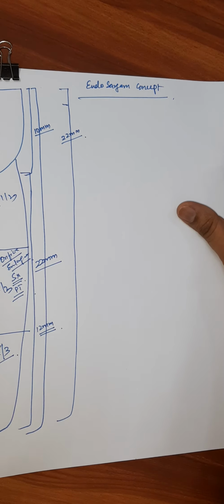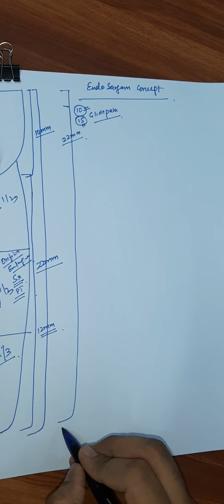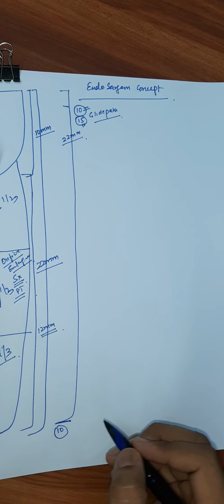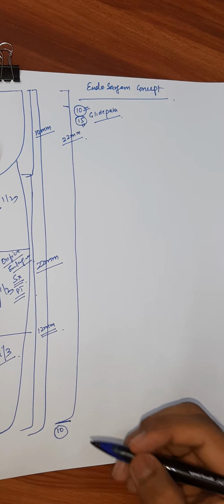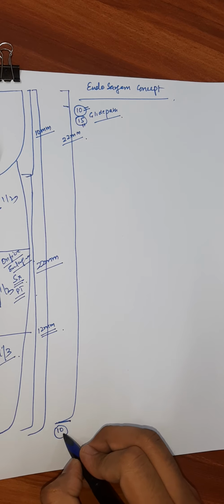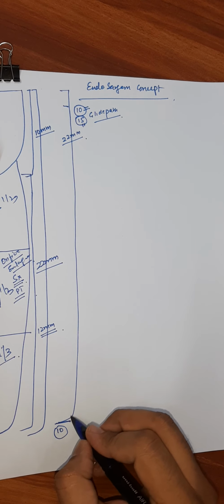So we have already taken our working length with the 10 number file. If the canal is bigger in size or 10 number is loose, we have used 15 number file for taking working length. So if I imagine that I have used a 10 number file and this is slightly snug fit at this area, what I would prefer is I would at least use the 10 number file and reach the apex in small strokes.